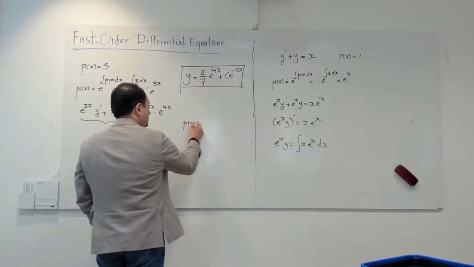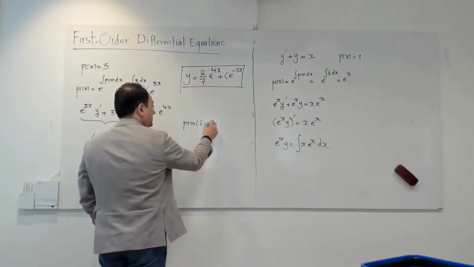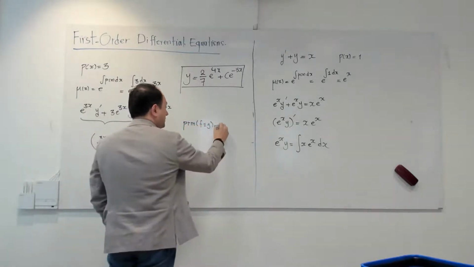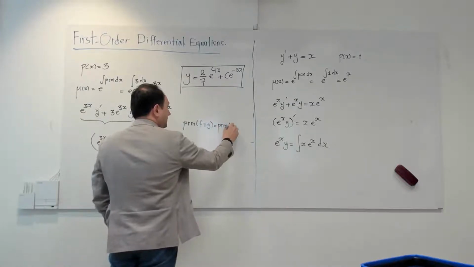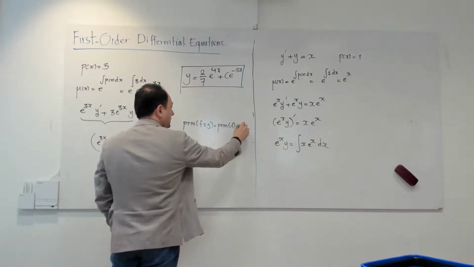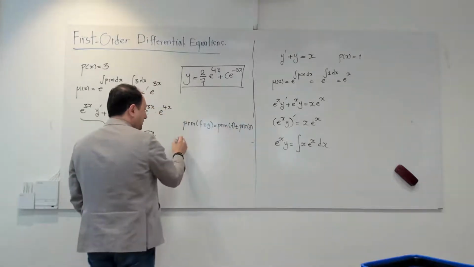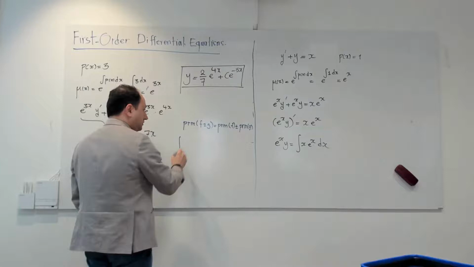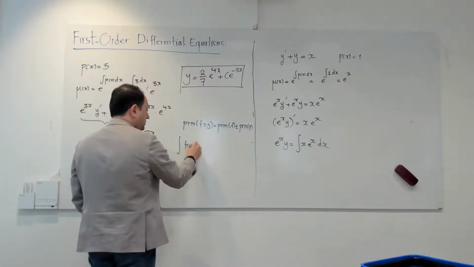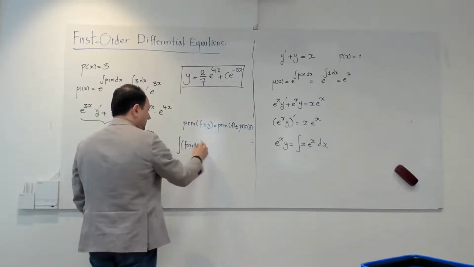Do you remember? The primitive function of f plus or minus g is equal to the primitive function of what? F plus or minus the primitive function of g, yes? And then let me write it in non-new language. So I would write the integral of f of x plus g of x, dx.